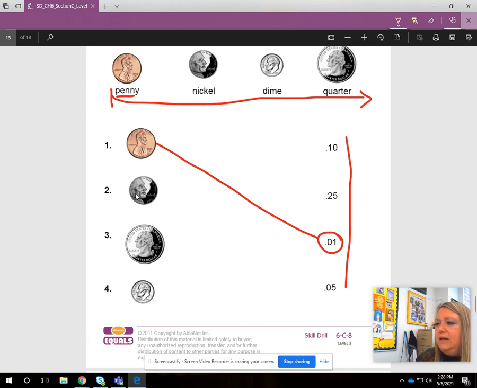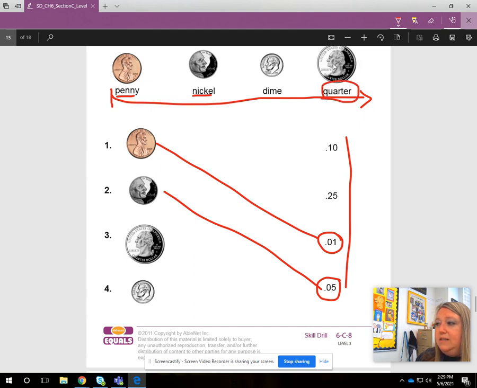The next one is the nickel. Here's the nickel right here. The nickel is the next highest number. So if we remember correctly, it's worth 5 cents. That's going to be right down here, decimal point 0.05, 5 cents. The next one, oh, this is a quarter. The quarter is up here.